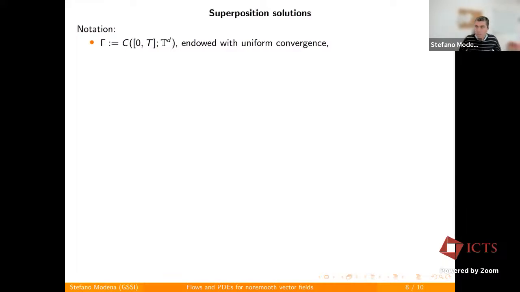So what is this notion of superposition solution? Let me first introduce some easy notation. I will denote by Gamma the set of all continuous functions from time with values in the torus, so continuous curves on our domain. I put the uniform convergence topology, so this is a very nice Banach space.